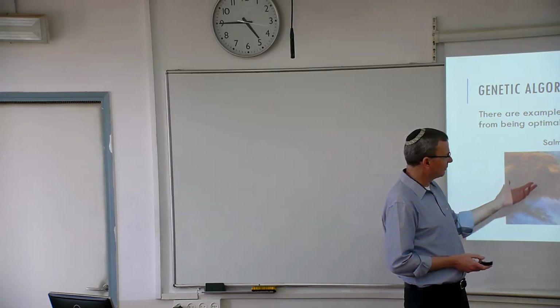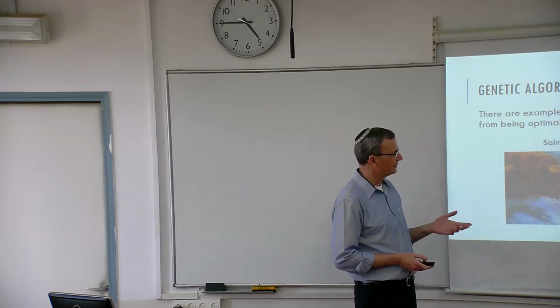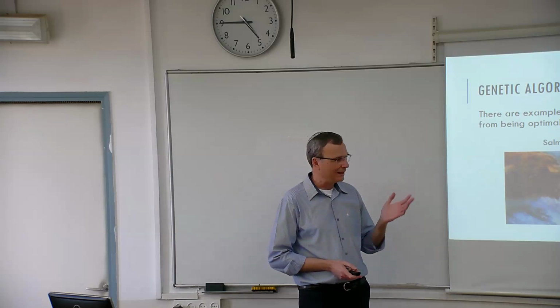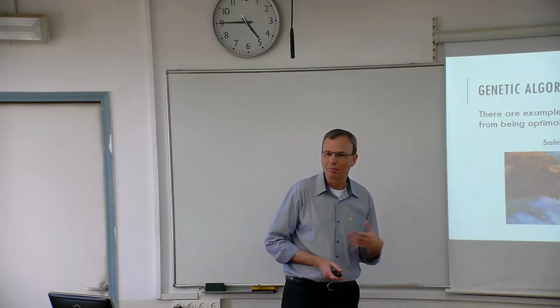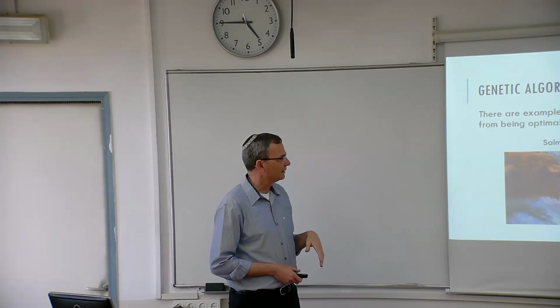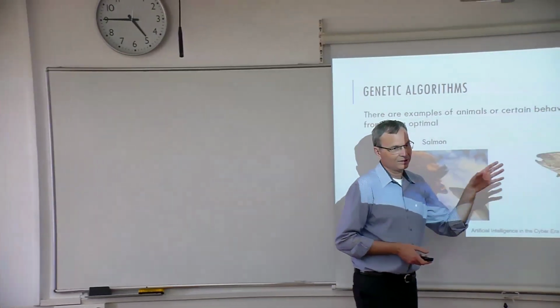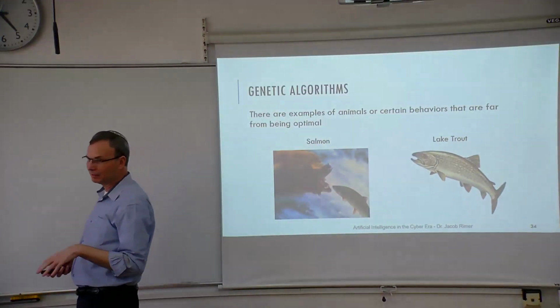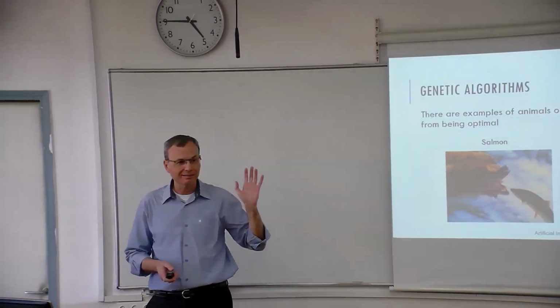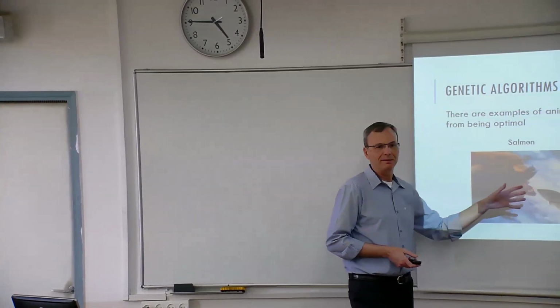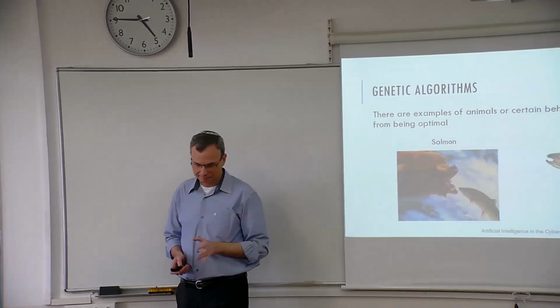This is the salmon. Probably all of you know, the salmon needs to cross many miles in order to return home in order to breed. However, this is the lake trout, which is very similar to the salmon, and it doesn't. So this is far from being optimal behavior, okay?